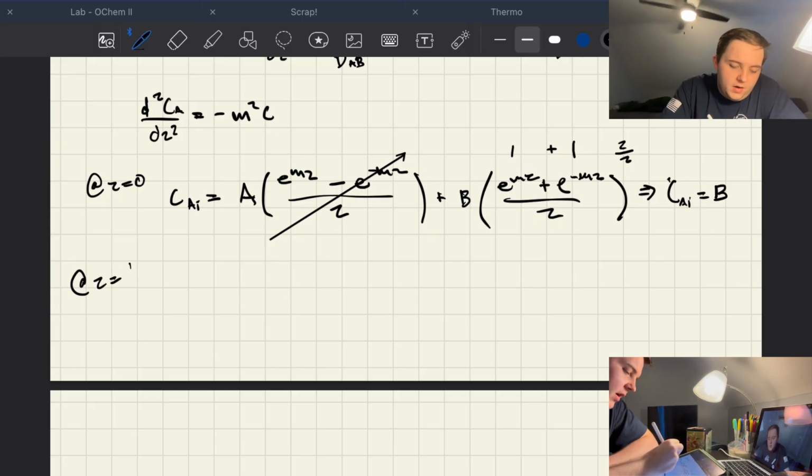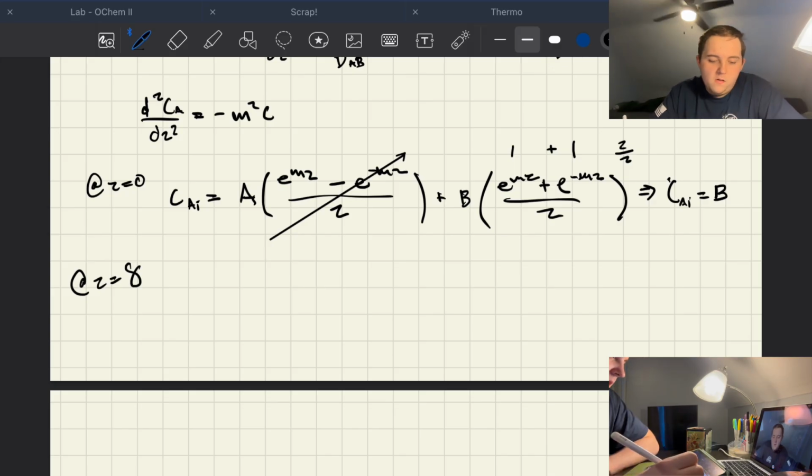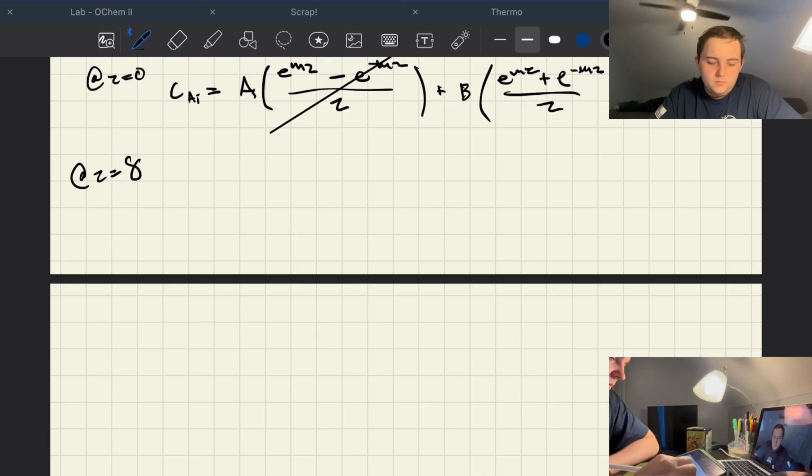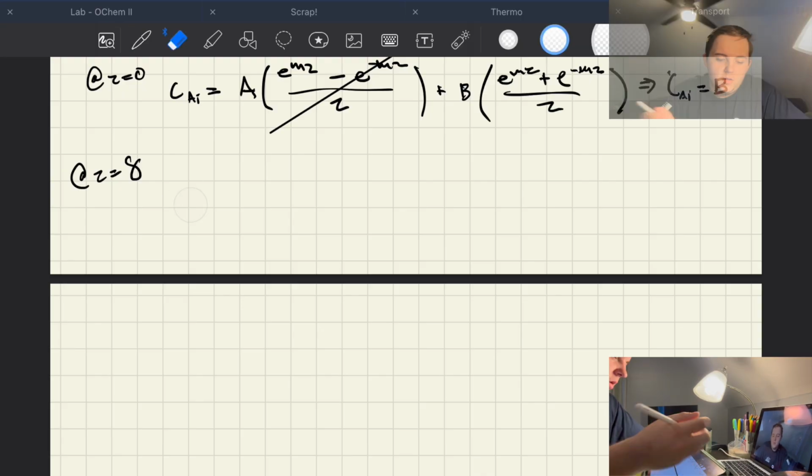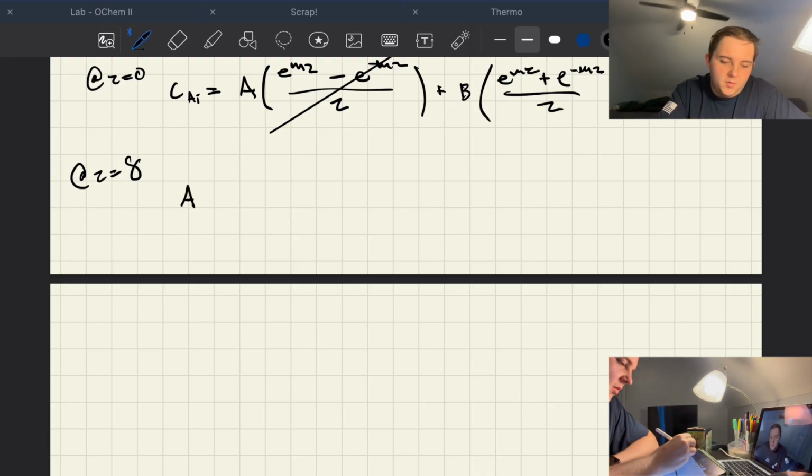And then finally we've got to do z when it's equal to our liquid film thickness. It's going to be very similar to the above one.